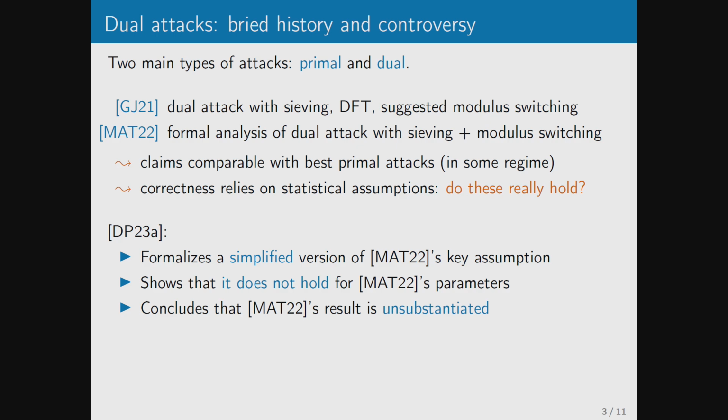This is what Ducas and Pulles did in their 2023 paper, where they took Matzov's key statistical assumption, simplified it, and tried to analyze it. The conclusion was that under the choice of parameters that Matzov uses in their paper, this assumption does not hold. They conclude from that that the complexity claims by Matzov are at the very least unsubstantiated, and the attack might even not work at all.